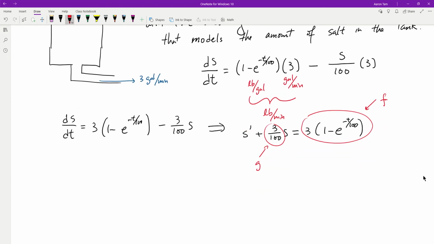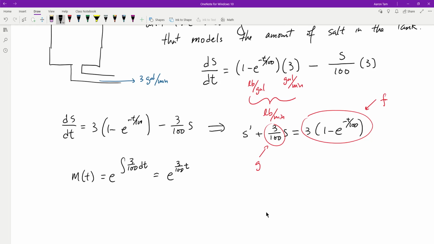Okay, so I have my g, so I'm going to find my exponential multiplier. So mu of t in this case, not x, because our independent variable is t, is equal to e to the integral of 3 over 100 dt. Yes, it's dt, not dx, because here our independent variable is t again. So that just comes out to be e to the 3 over 100 t.